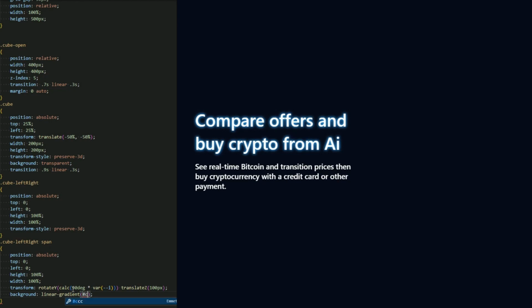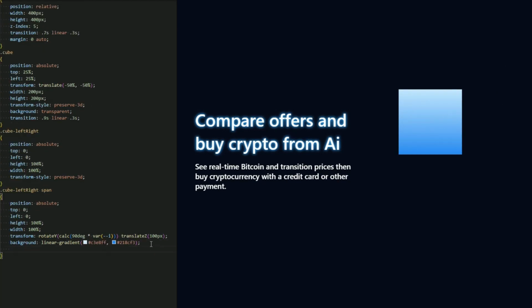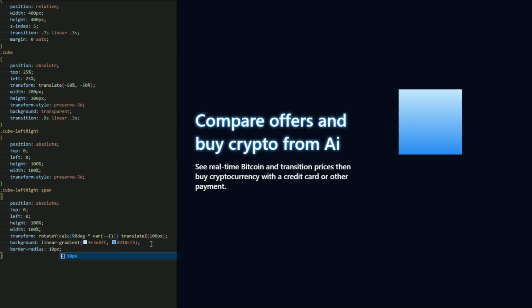First color. Now for the next color. Okay, let me add a little border radius. And last thing, transition for hover.